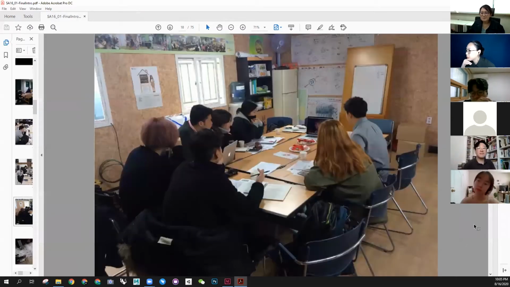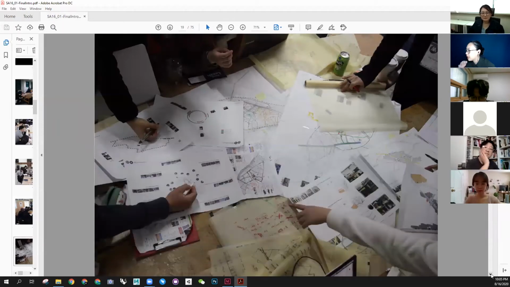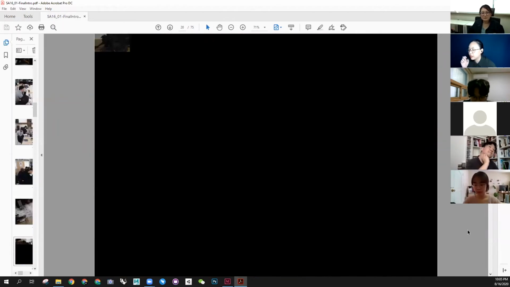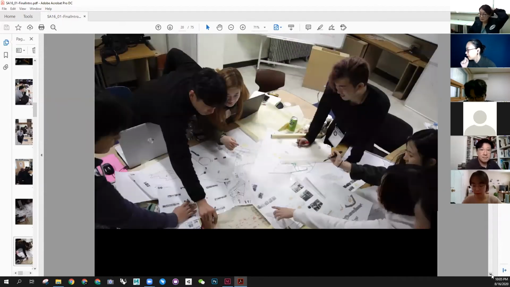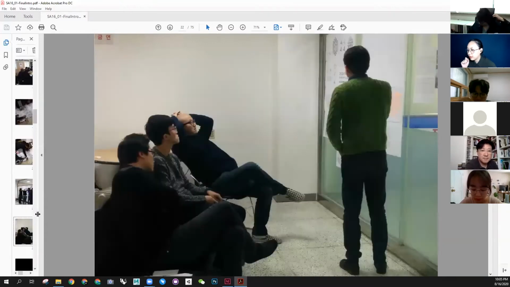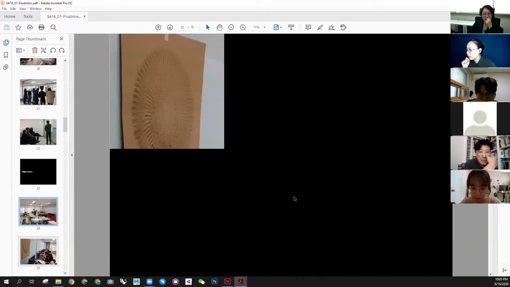Yeah, so they were also going to the site and actually working on site with the clients, or the residents. Some of these photos are just work in progress.